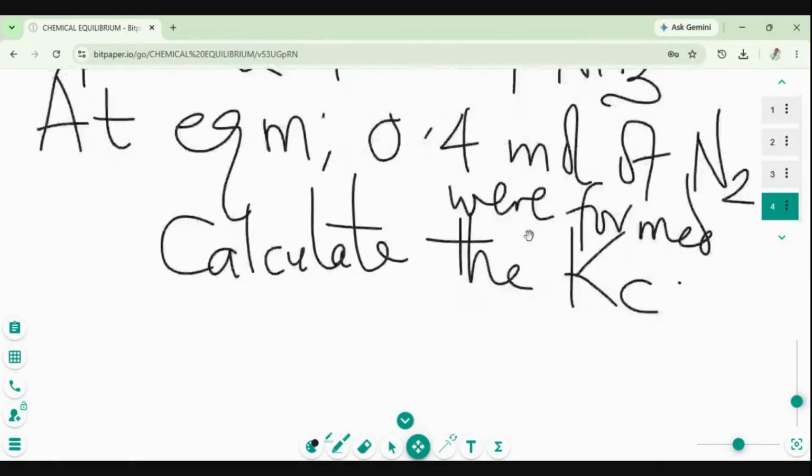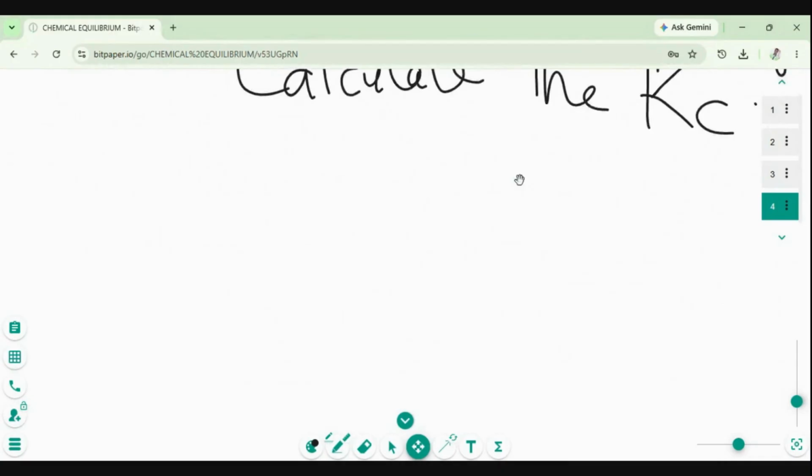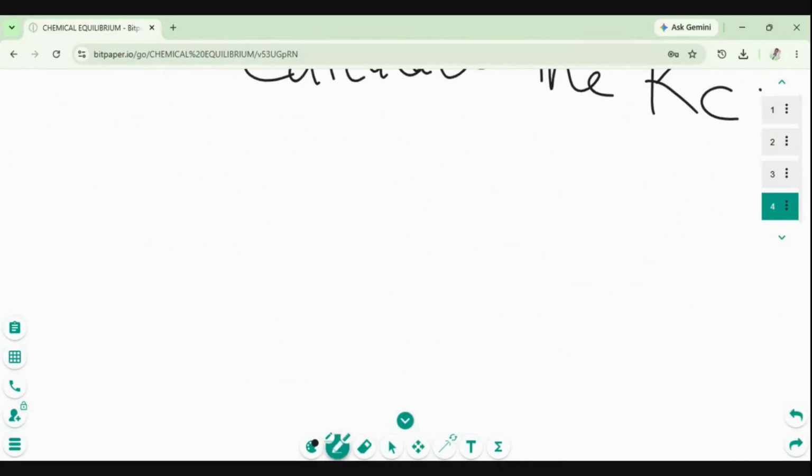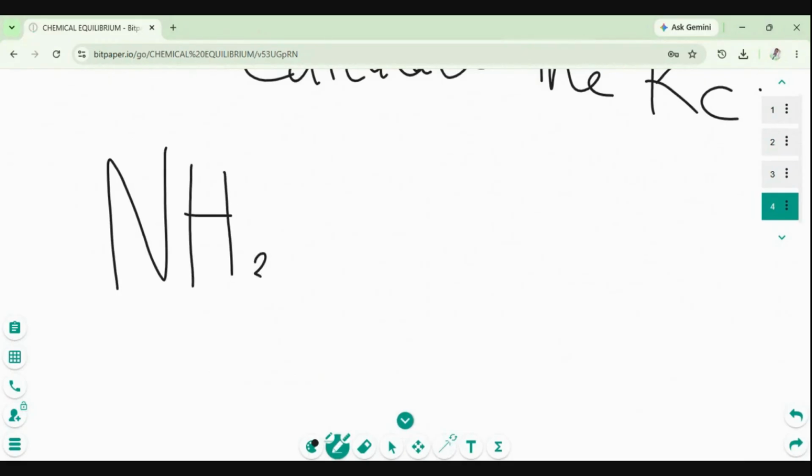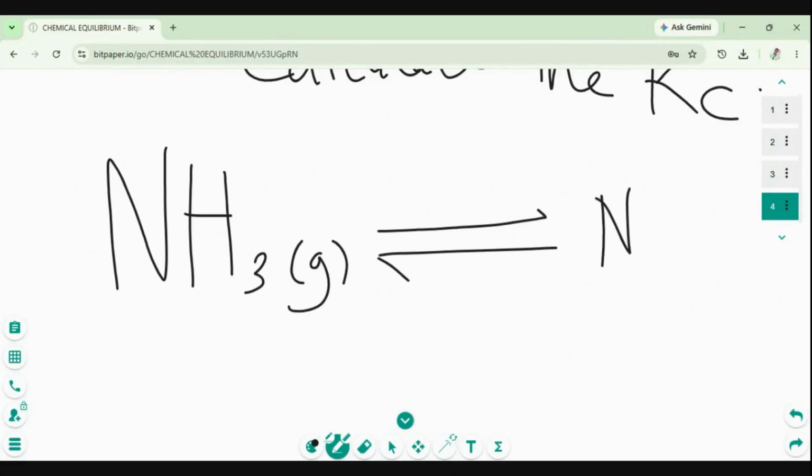This time, actually, what they put in the vessel was the ammonia. So we are starting with the ammonia, the one they put in the vessel. When you put it, it's going to dissociate to give us nitrogen plus hydrogen. That is how the equation looks like.